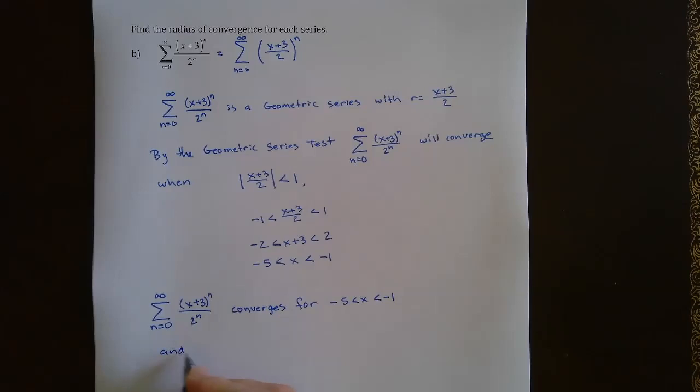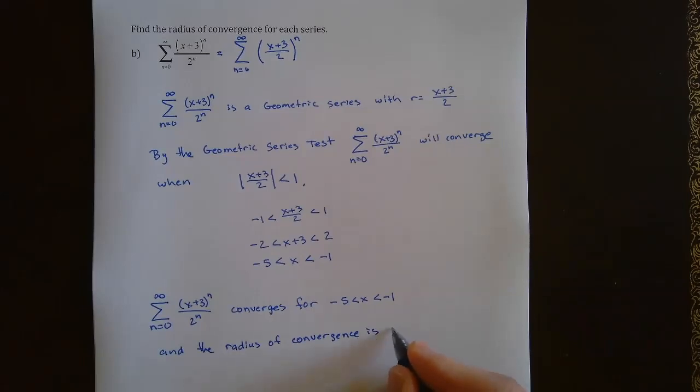And the radius of convergence is, so what's the distance between -5 and -1? So -1 minus -5, right? So -1 minus -5 is 4, and half that would be 2. So the radius of convergence is 2.